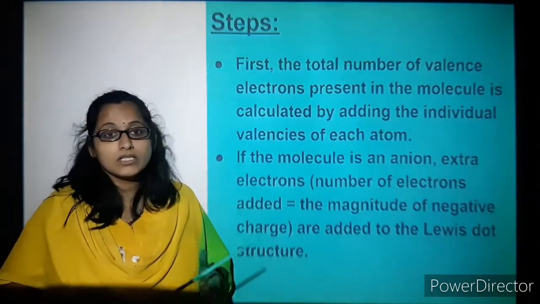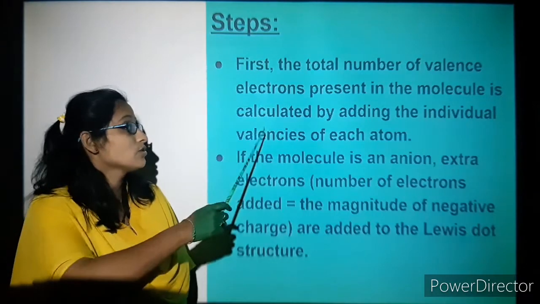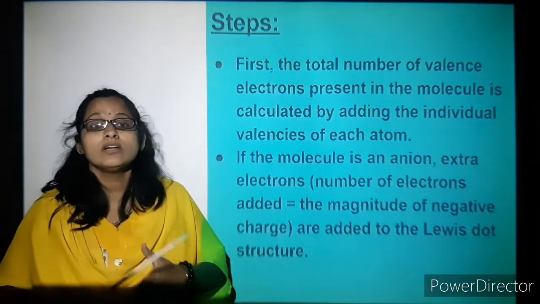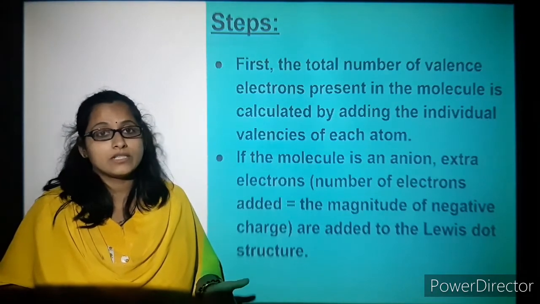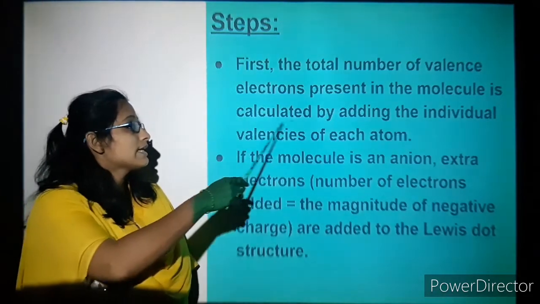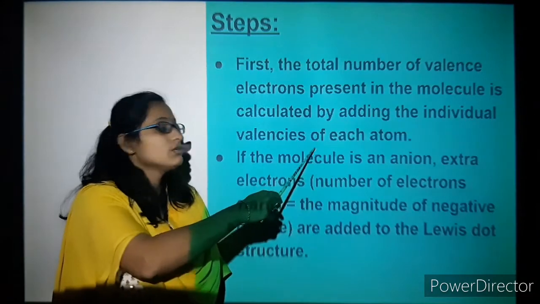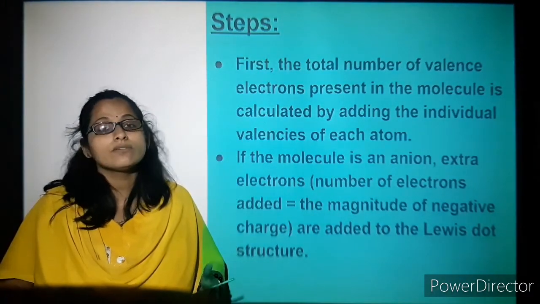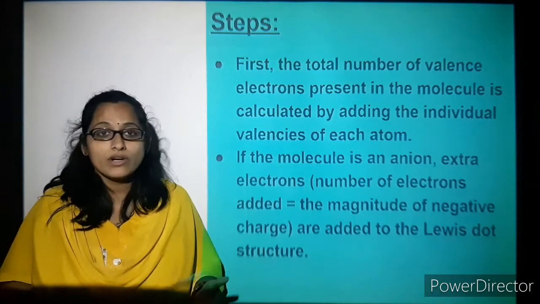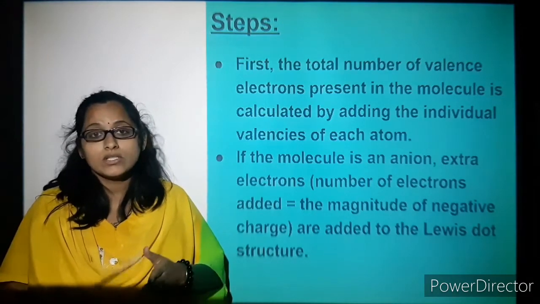We need to understand the total number of valence electrons present in a particular molecule, for example, water molecule, carbon dioxide, etc. It is calculated by adding the individual valencies of the atoms, and also to bond them with the dot structure.